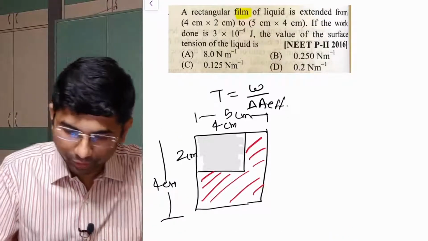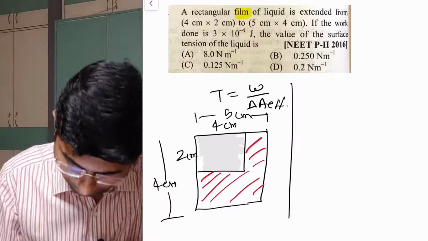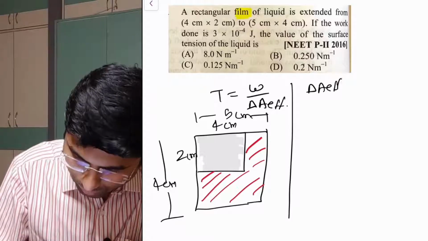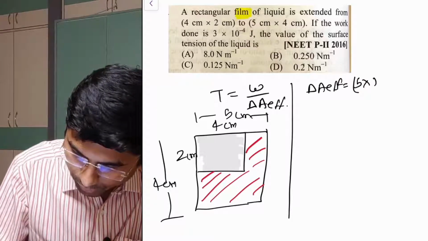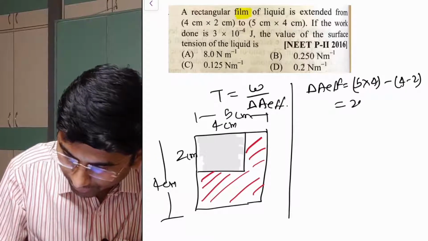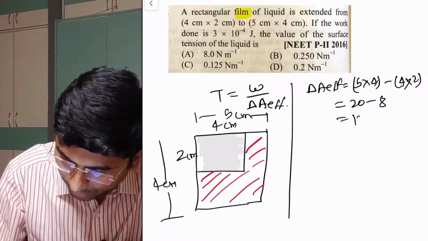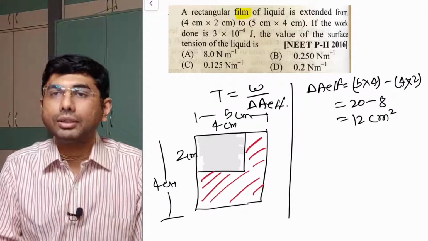Okay, here only I'll write it down. Change in area. Final area is what? 5 into 4, and the initial area was 4 into 2, that is 20 minus 8, that is equal to 12 centimeter square. Now centimeter square is not the thing which I need.